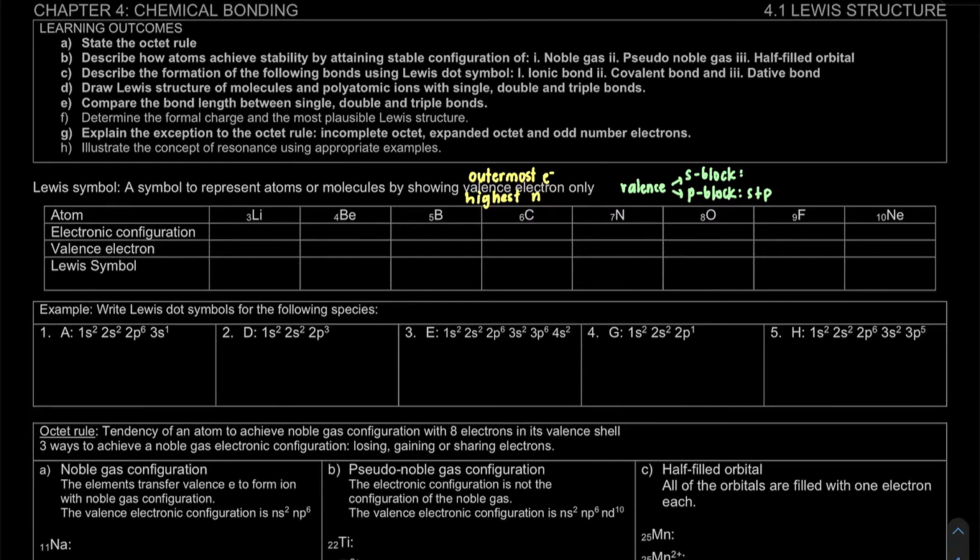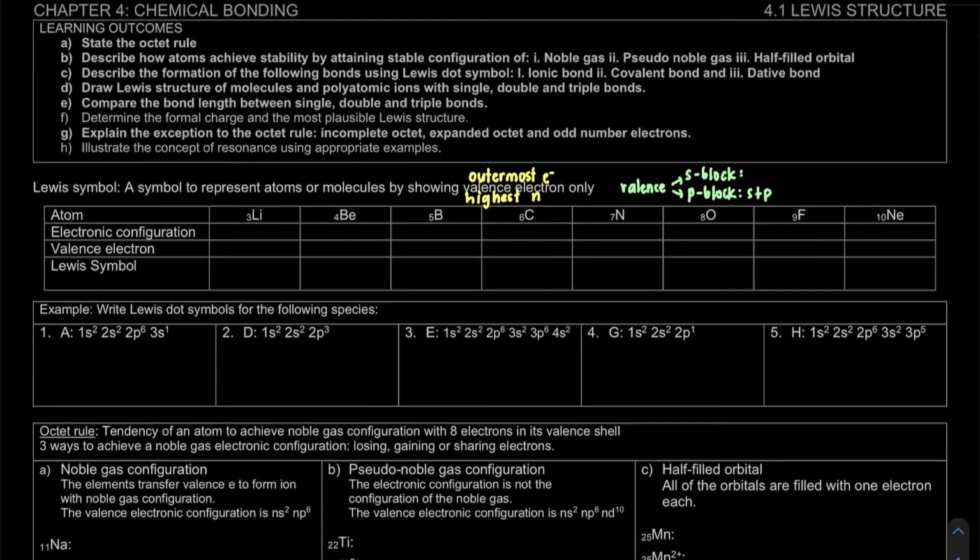Here I have the atoms for the period 2 elements, from lithium until neon. Let us look at the Lewis symbol for all of the elements in this period. For the electronic configuration, go back to our 2.3 on how to write down electronic configuration.